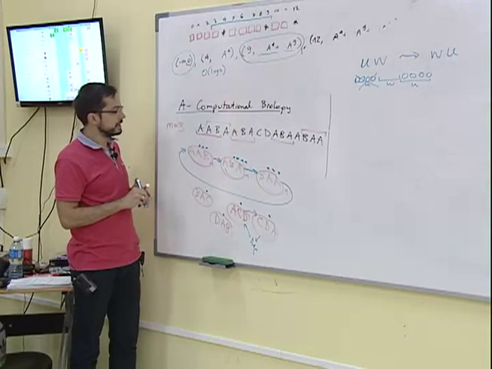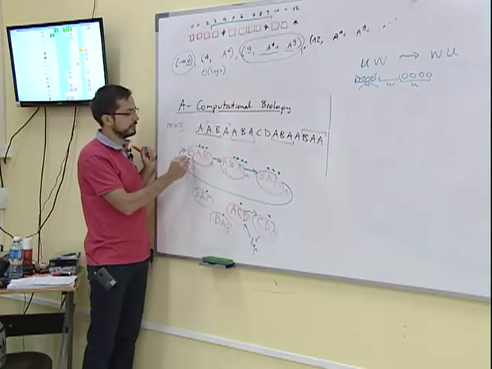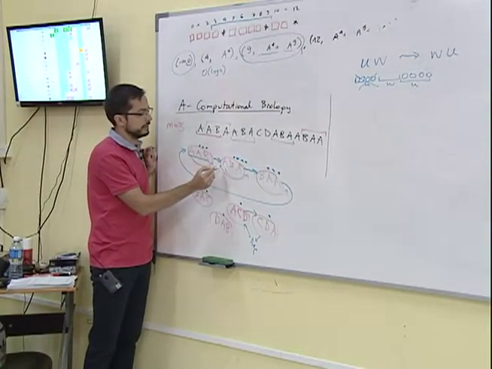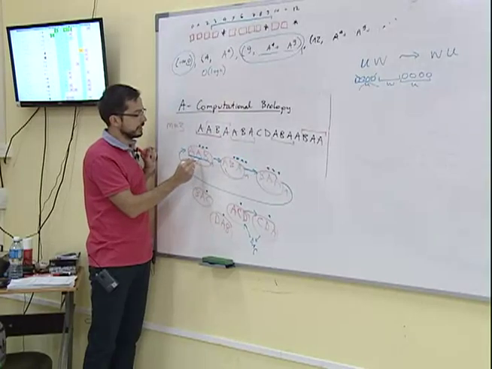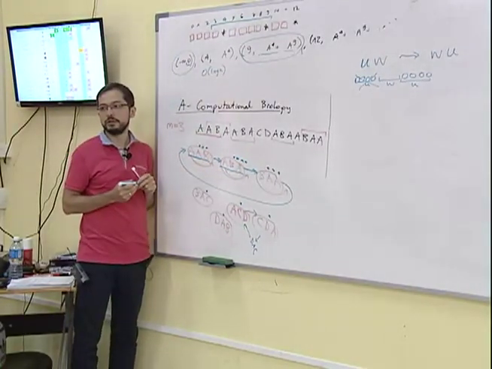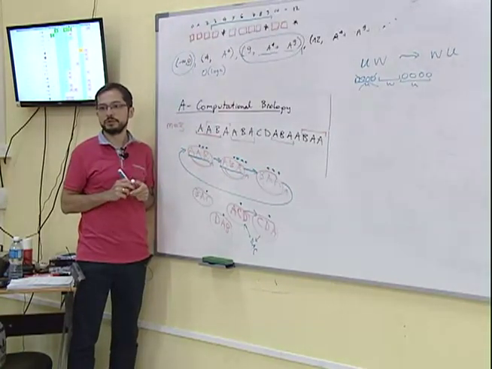All right. So the thing is, if we have a subword, we can calculate its hash. So how to calculate the hash of the cyclic rotation of this word?